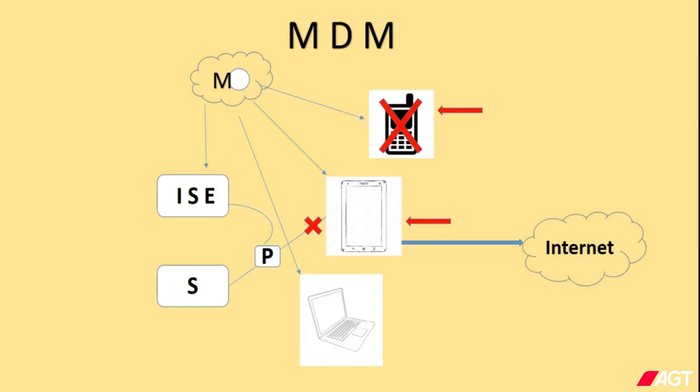This tablet only connects to some resources and it would not connect to the internet, right? So possibilities are endless. You can modify policies to block some applications or allow some content to transfer to the internet or to communicate with any other devices within the organization.